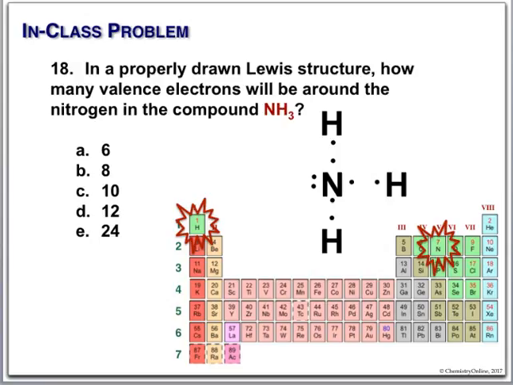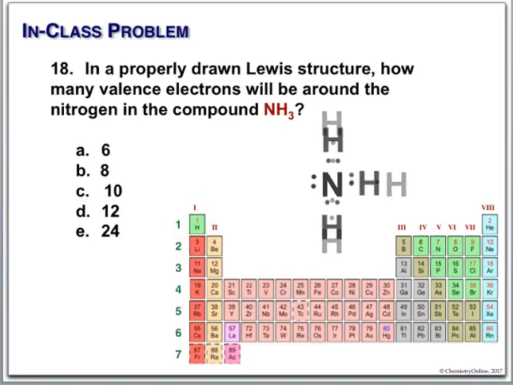As always, 2 electrons per bond. So we scooch them together. And now all we have to do is count how many electrons are around the nitrogen. We have 1, 2, 3, 4, 5, 6, 7, and 8. 3 of these are shared with the hydrogens. 2 are just on the nitrogen.